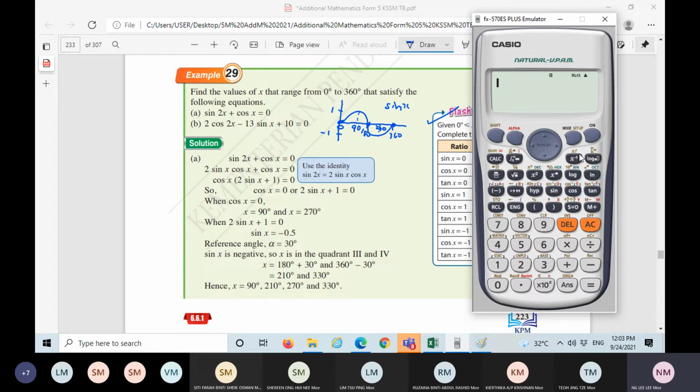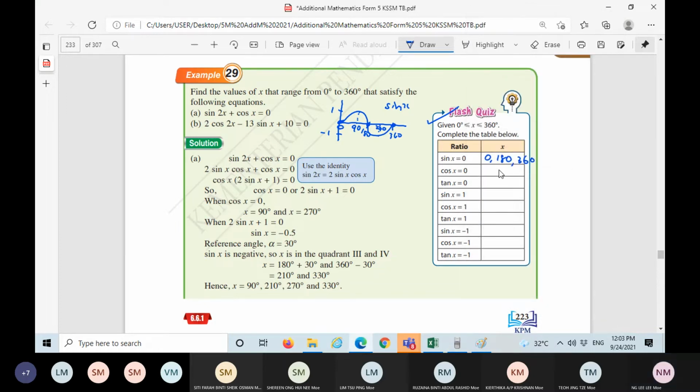Then you will say, hey teacher, I just press shift sine lah. Shift sine for 0, yeah, you can get 0. But it's only one answer. How about the other two answers? Because this is a special angle, it's at the edge of the quadrant. So how to get this 180 and how to get this 360? You don't know whether you should use 180 minus, 180 plus, or 360 minus.